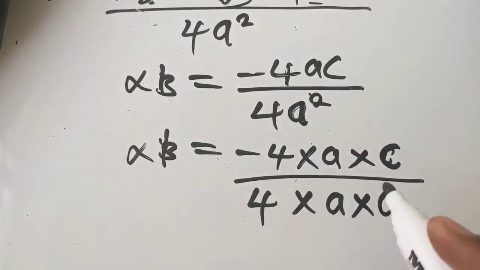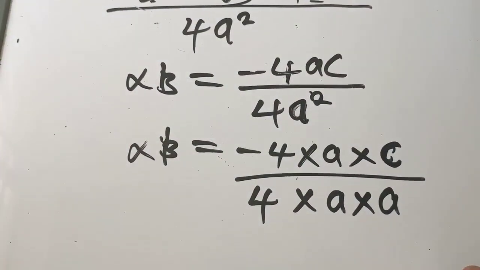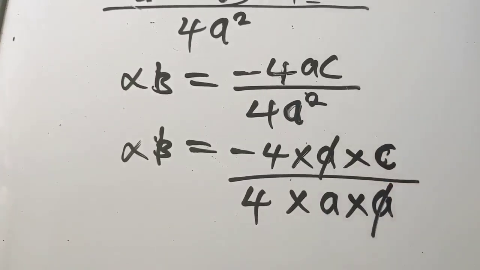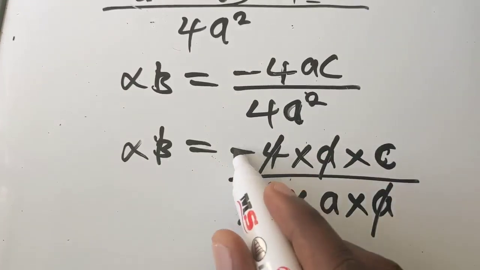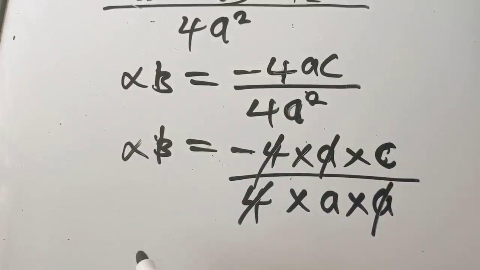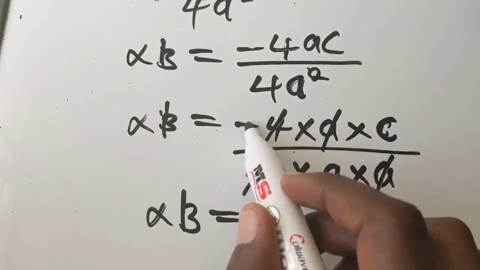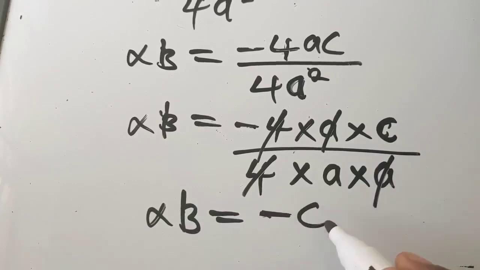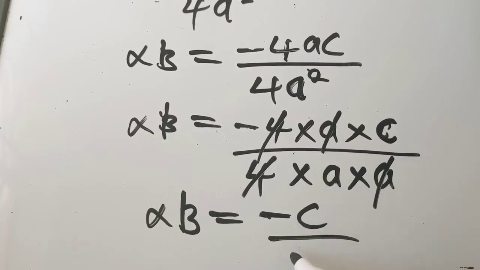During secondary school we learned dividing indices, so this 4 goes with that 4, and one a goes with one a. What is left is the negative. So alpha beta is equal to negative c over a, as a is just alone here.